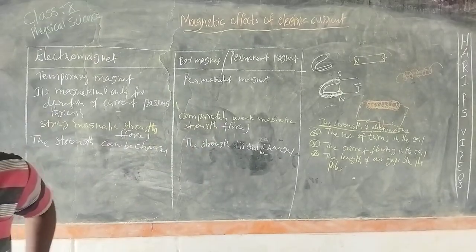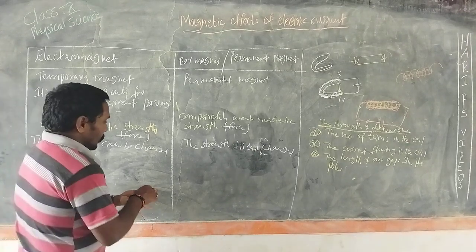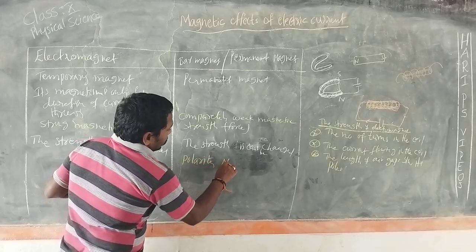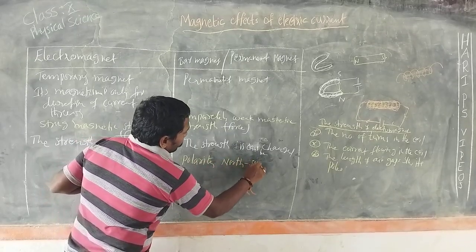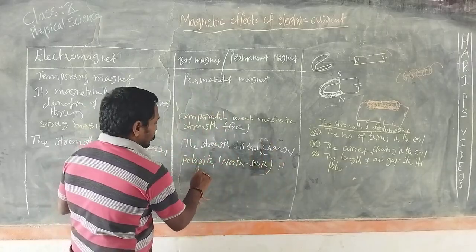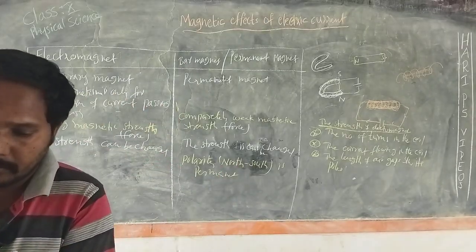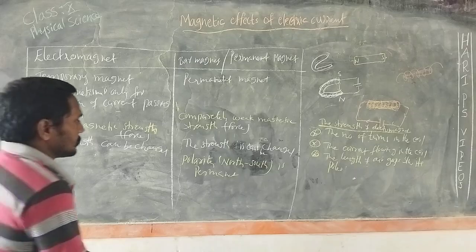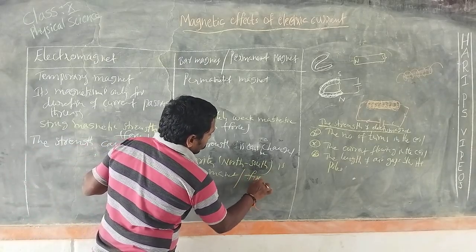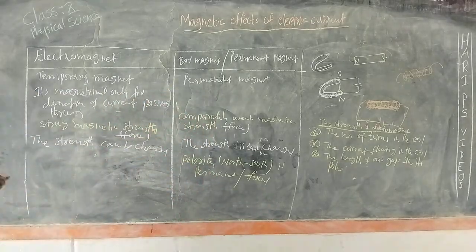The north-south polarity of a permanent magnet is fixed. Polarity means north-south, and it is permanent, or fixed. We cannot change the polarity in the case of a bar magnet or a permanent magnet.